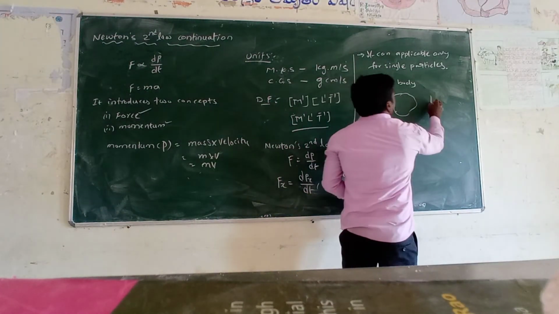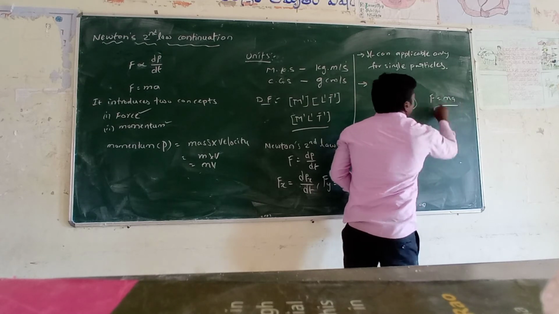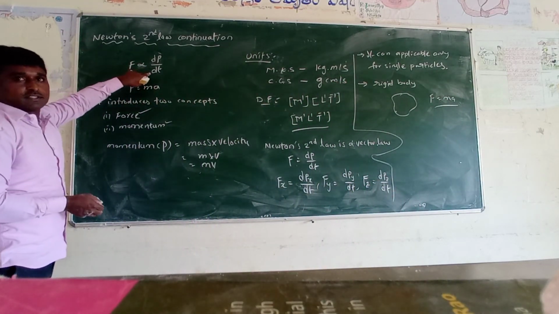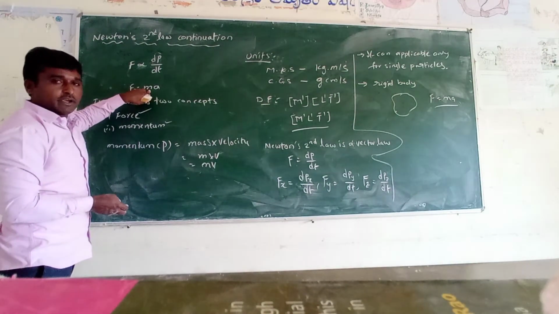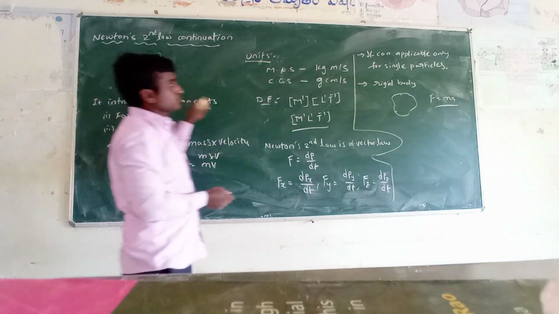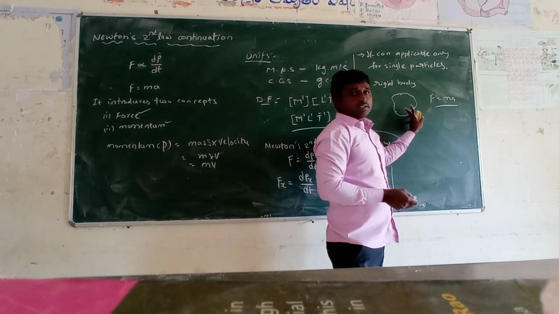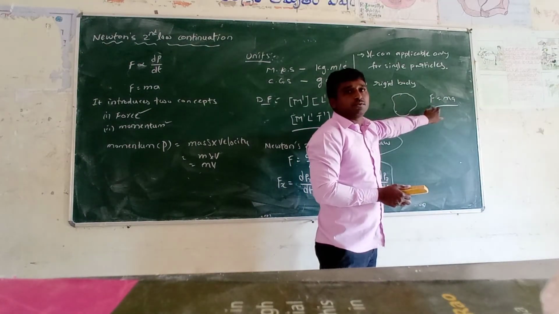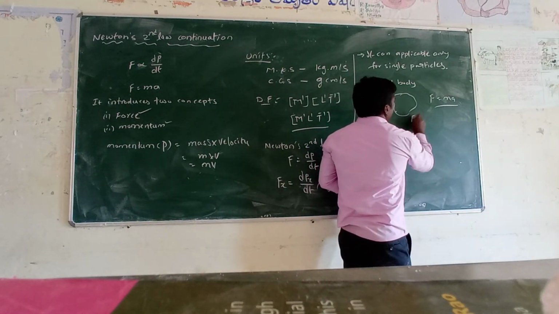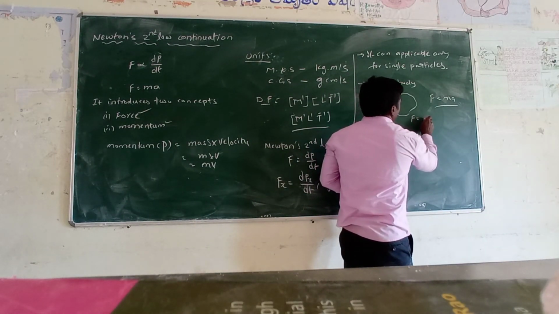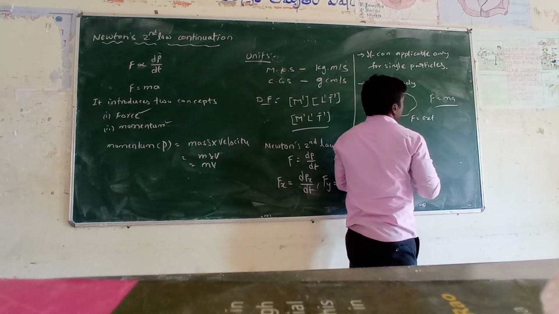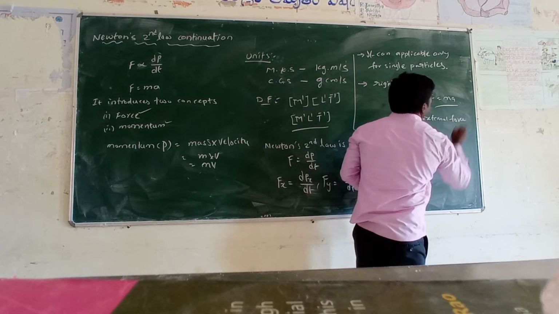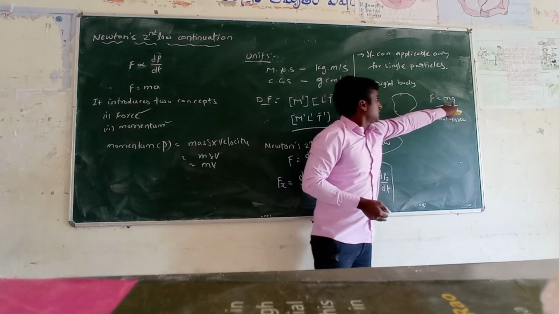What is Newton's second law? F is equal to ma. This is also Newton's second law, and F is equal to dp by dt is also Newton's second law. So this is another form of Newton's second law. In this case, for a rigid body, F indicates only the external force. What is a?